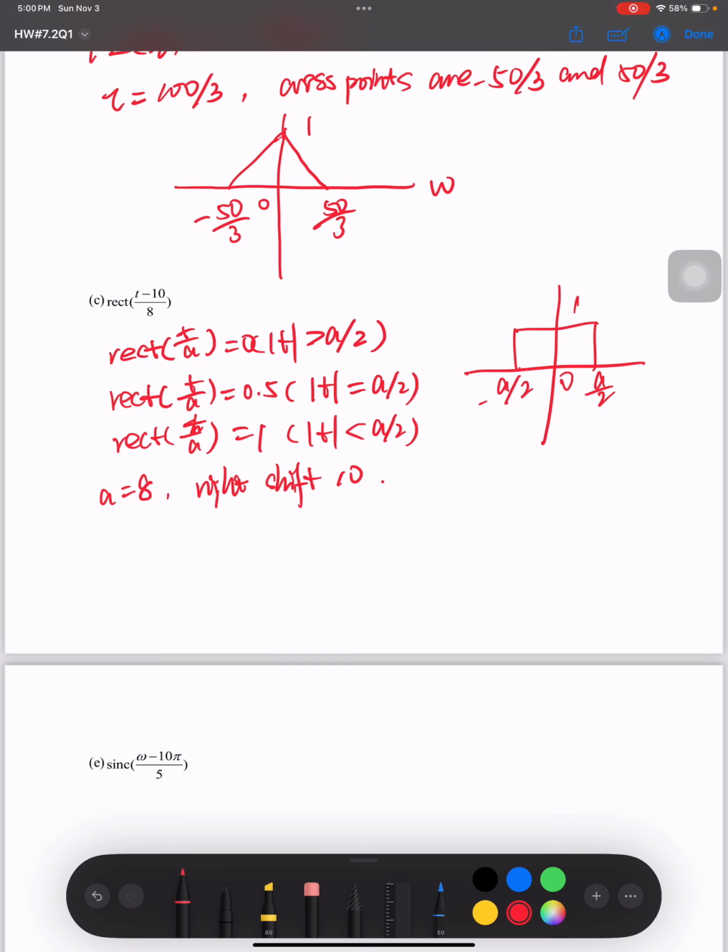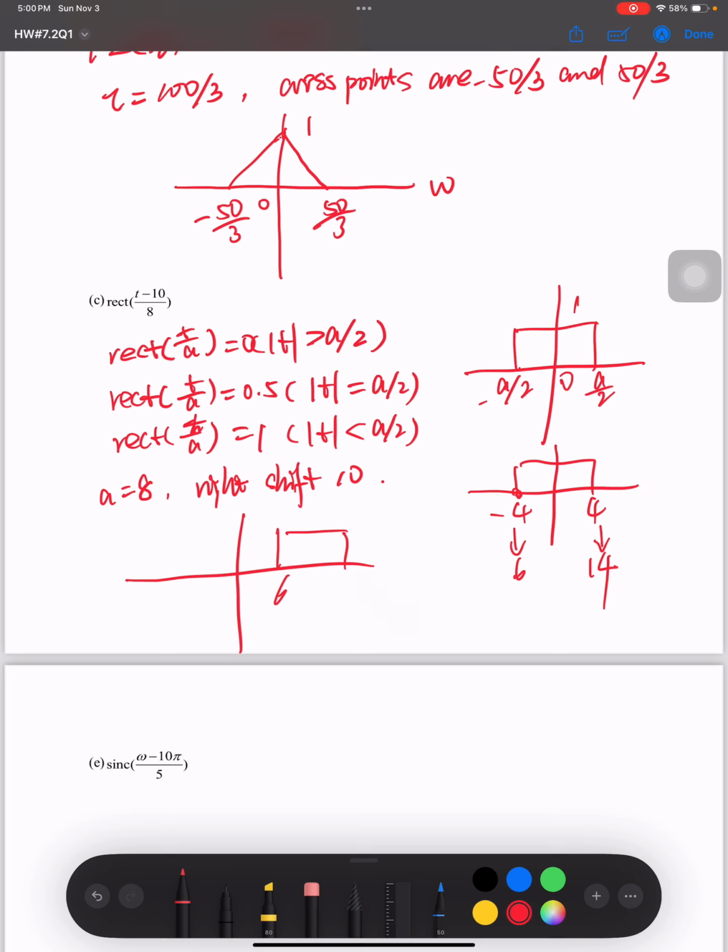If we have no shift, it's going to be minus 4 and 4, and with a right shift of 10, this is going to be 6, and this is going to be 14, right? So we can just plot it, which is like this, and here is 6, and this is 14, and there is 10, and this is 1, right?